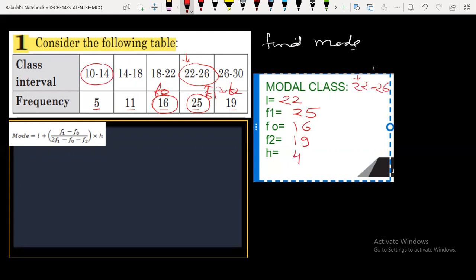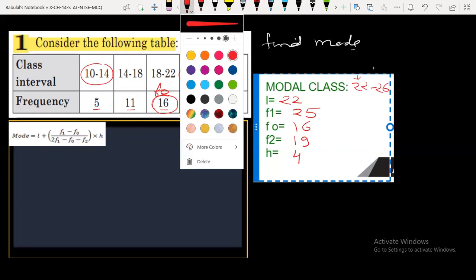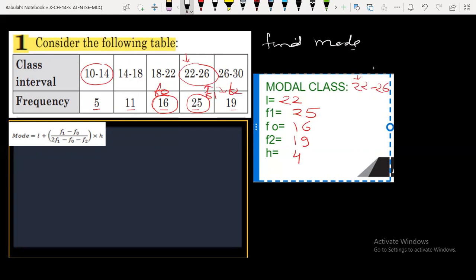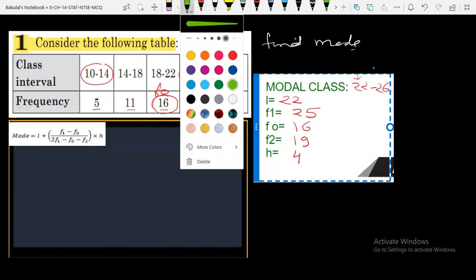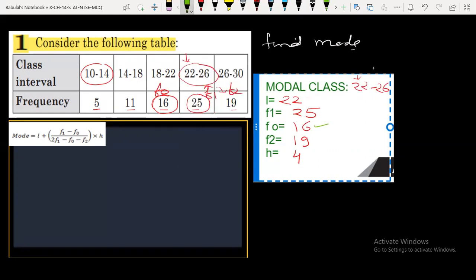Students, here we also have to see whether the class interval is continuous. क्या class interval हमारे continuous है? हाँ है. अगर ये continuous नहीं हो तो हमें continuous बनाना पड़ेगा. So now L is 22, F1 is 25, F0 is 16, F2 is 19, H is equal to 4.